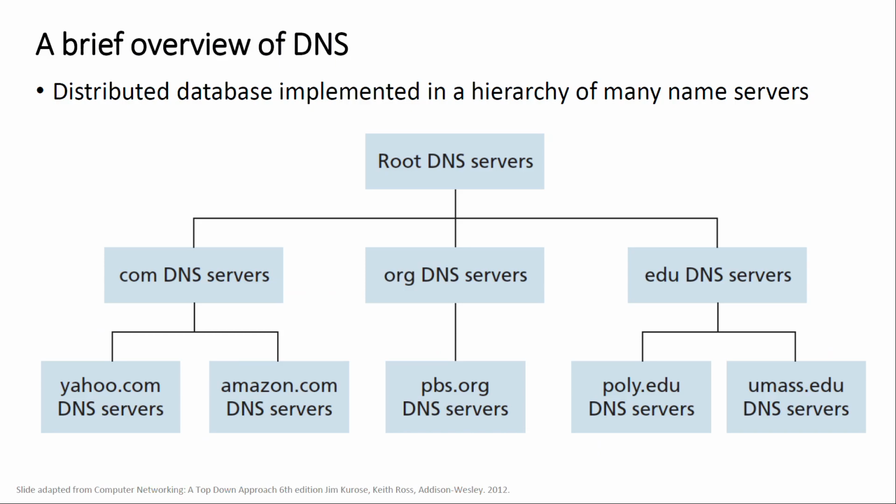DNS is actually a distributed database implemented in a hierarchy of many name servers. At the top you have the root DNS servers. One level below you have DNS servers for commercial ones, organizations, and educational servers. In the subcategory you have your university DNS servers and so on.